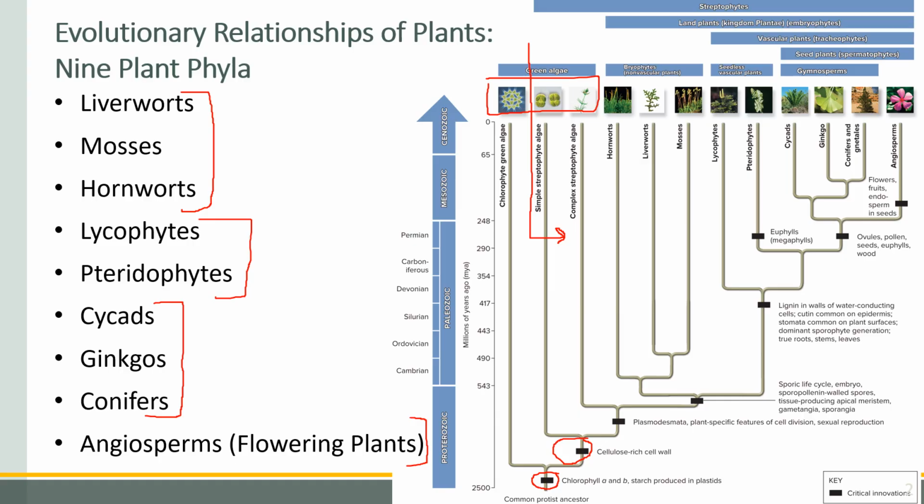So you are probably pretty familiar with conifers, which fall into the gymnosperm category. These are some of our evergreens and cone-bearing plants, and you're definitely familiar with angiosperms, our flowering plants. So you do need to know all of these groups.